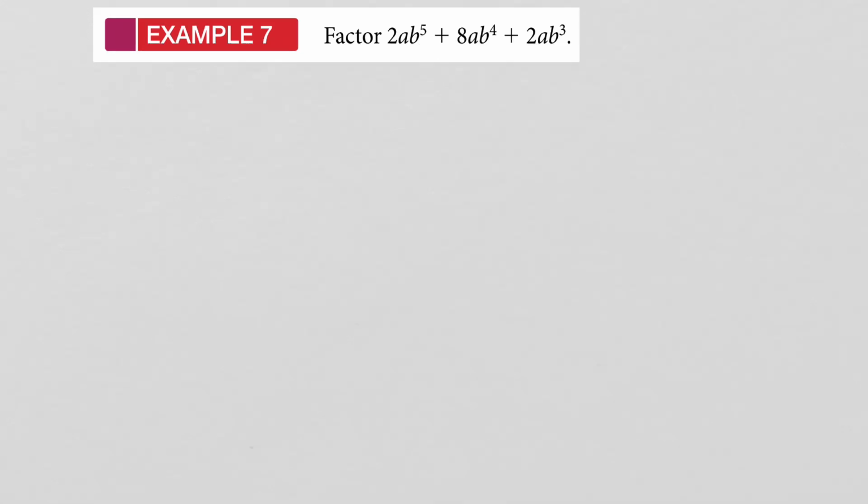All right, in our next example, we have a multivariable polynomial. I want you to notice that there is a greatest common factor here. We can factor out a 2. We can also factor out an a, and we can factor out a b cubed. So our greatest common factor is 2ab to the third power. If I factor that out of the first term, we're going to have b squared left over, right?